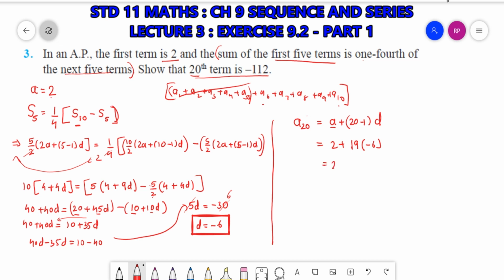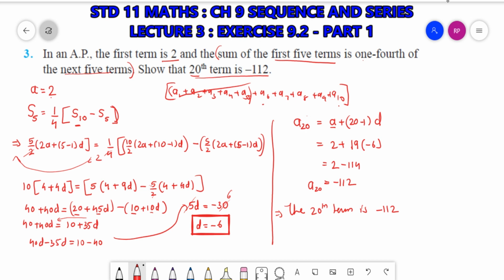So this will be 2 plus 19 into minus 6, that will be minus 114. So it's minus 114, and that will be equal to minus 112. So this implies that the 28th term is minus 112.